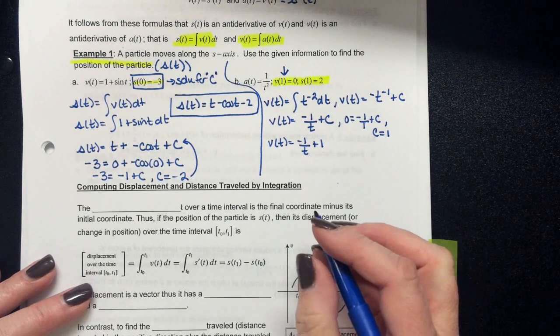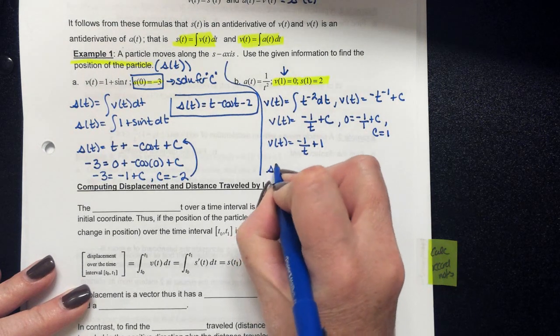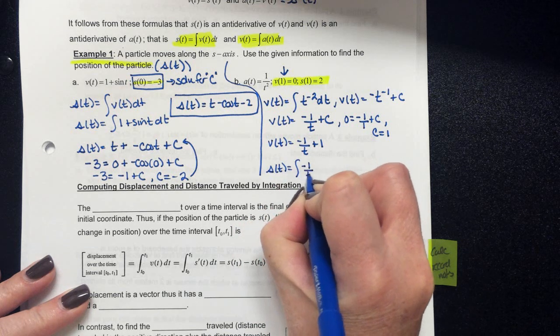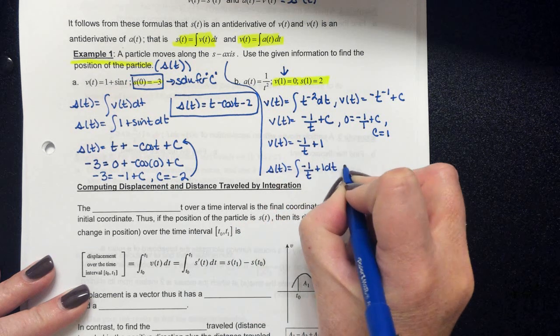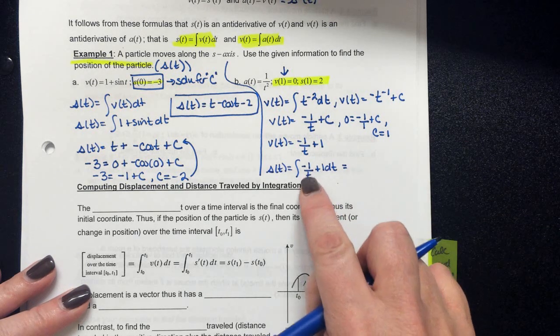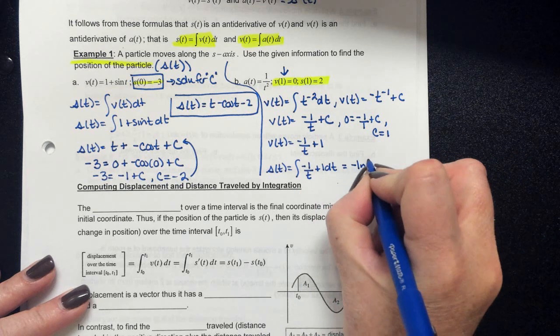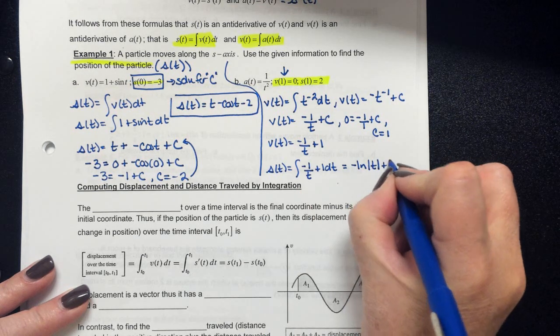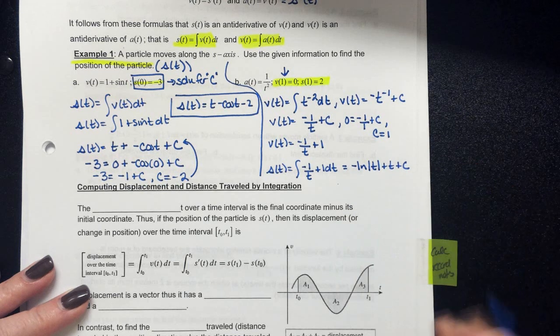To find my position function, s of t is equal to the antiderivative of -1 over t plus 1 dt. When I integrate, I know the integral of -1 over t is negative natural log of the absolute value of t. The integral of dt is just plus t plus c.